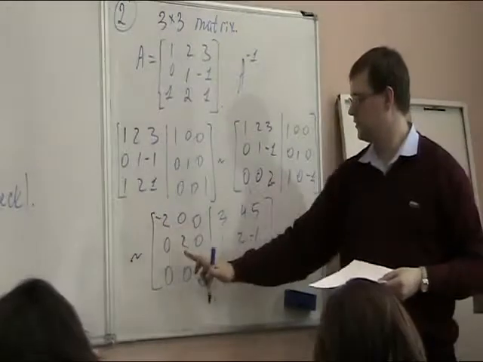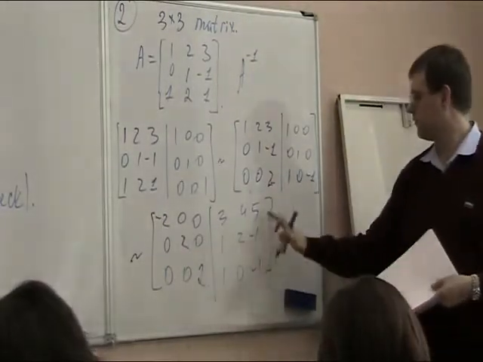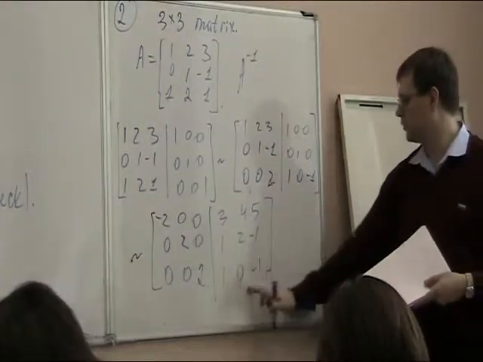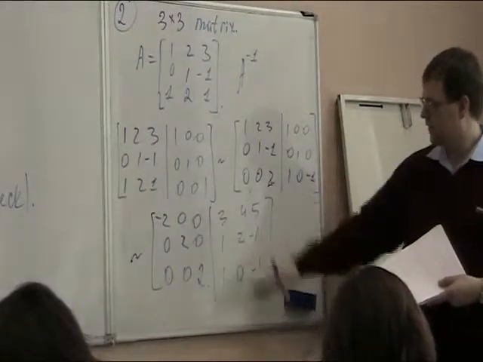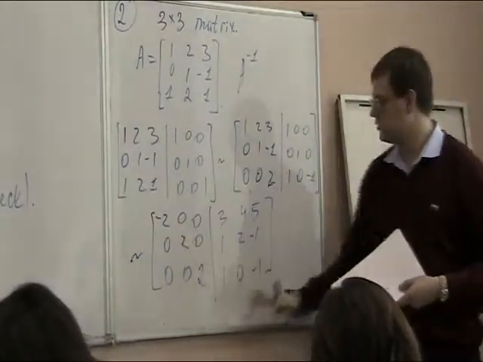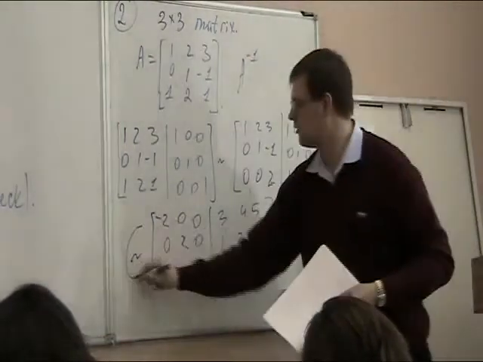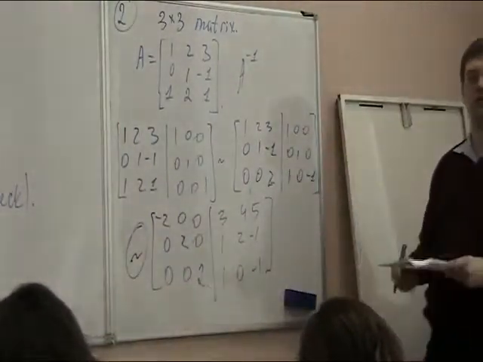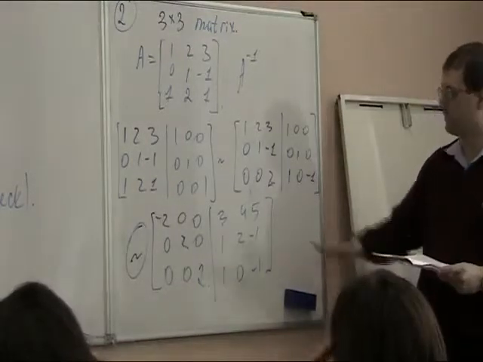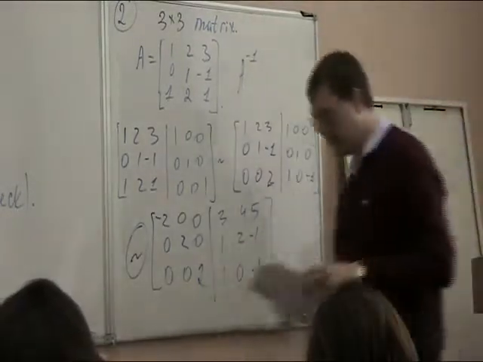If you divide all the rows by negative 2, 2, and 2, you will get the inverse matrix over here, and all the steps in between are your home assignment so that you get a grip of how to do this.